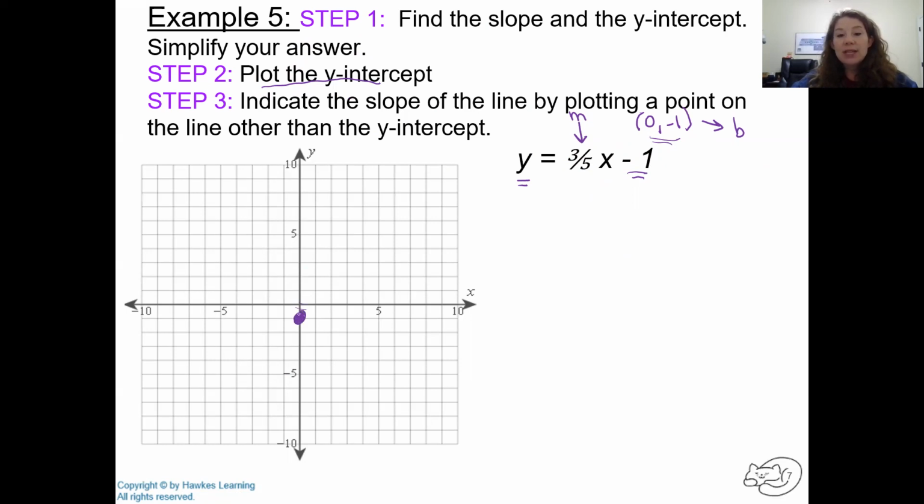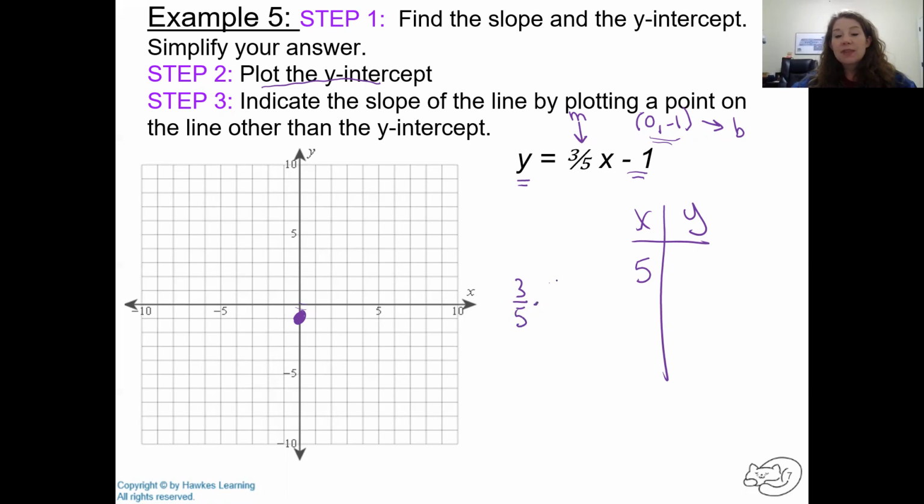Okay, and then remember the other day when I said one way you can always plot another point is by making a t-chart and then plugging in a value for x. Normally, I would tell you to use 1 for x, but this time I'm going to use 5, because I want to cancel out that denominator.